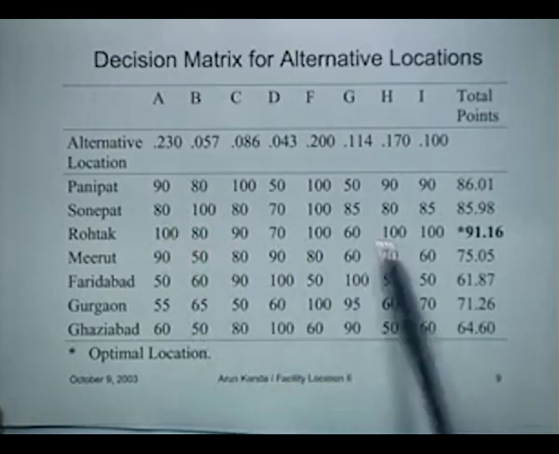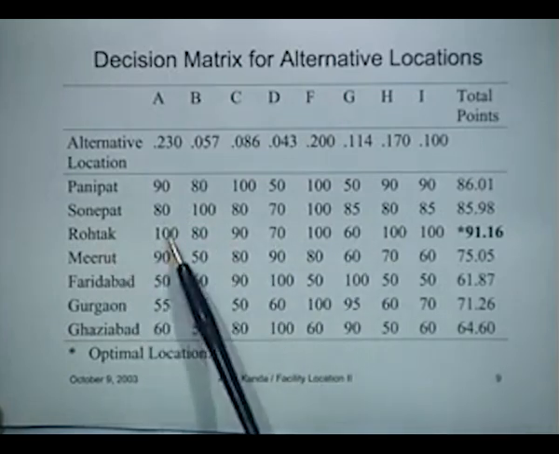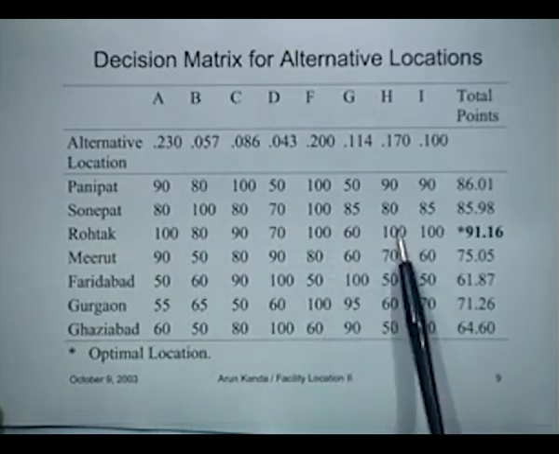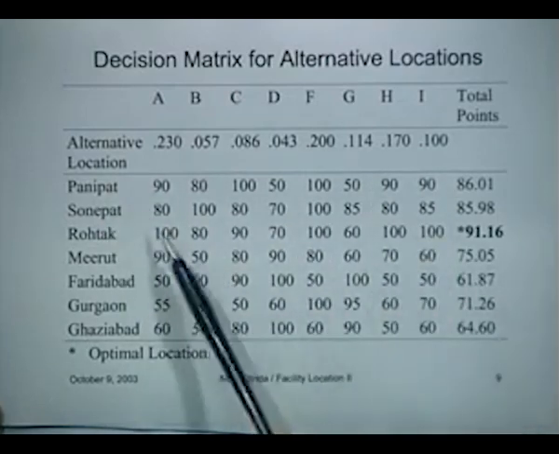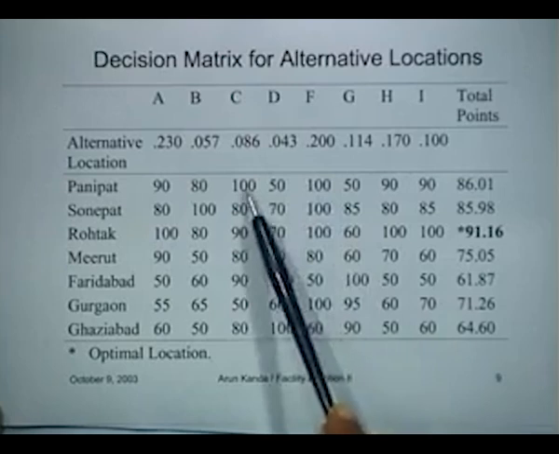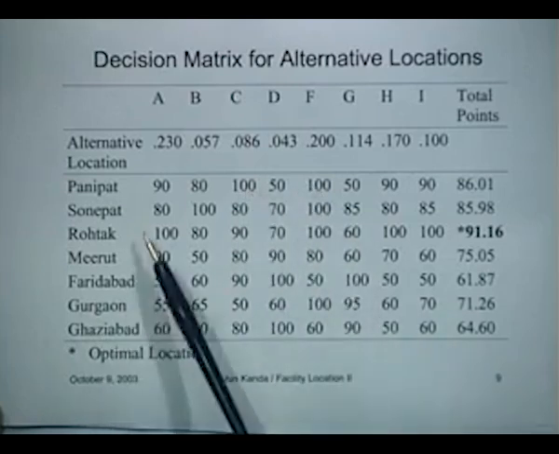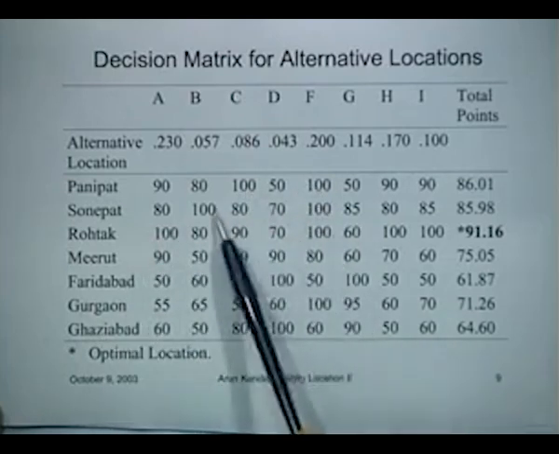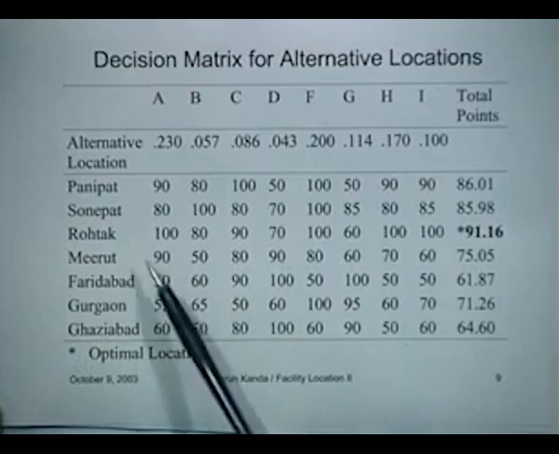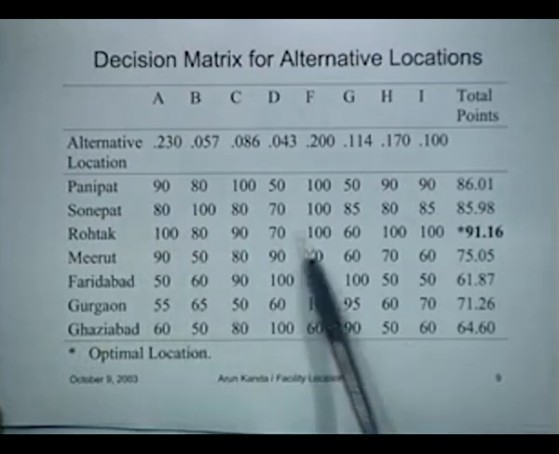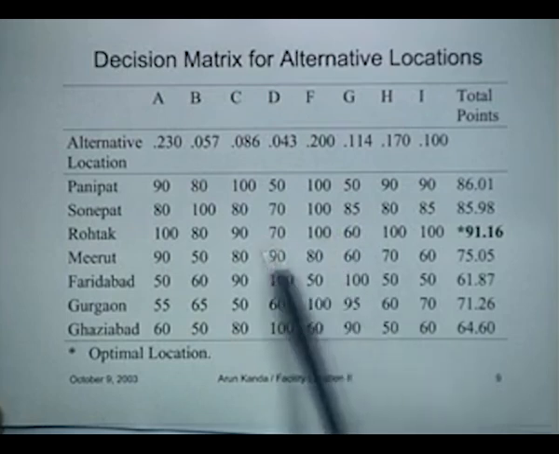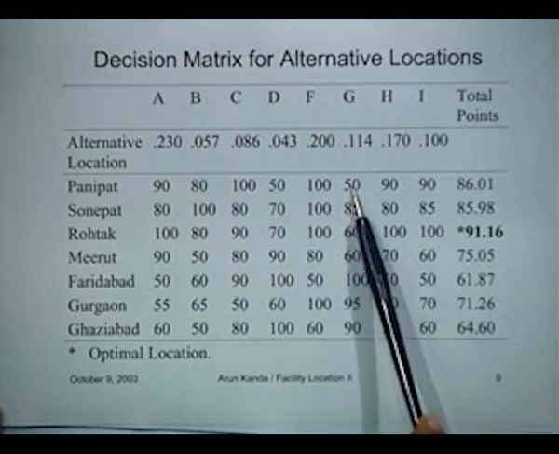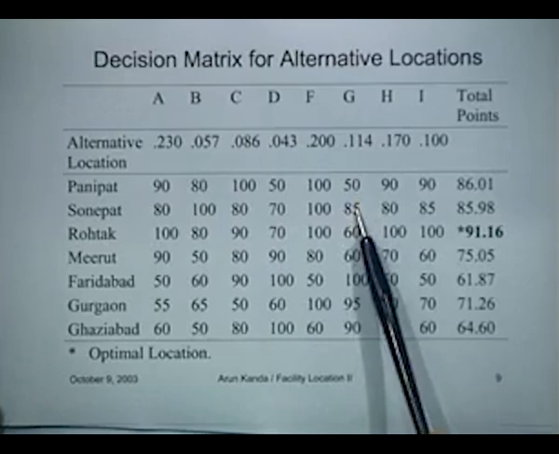What this means is that Rohtak was best on 4 of these various objectives, whereas Panipat was best on only 2 of these objectives. Sonipat was best on only 2 objectives. And then let's see where Rohtak was the worst on this particular factor, that is 60 marks, but this one was even worse on this factor, and this was slightly better, but then it was best.